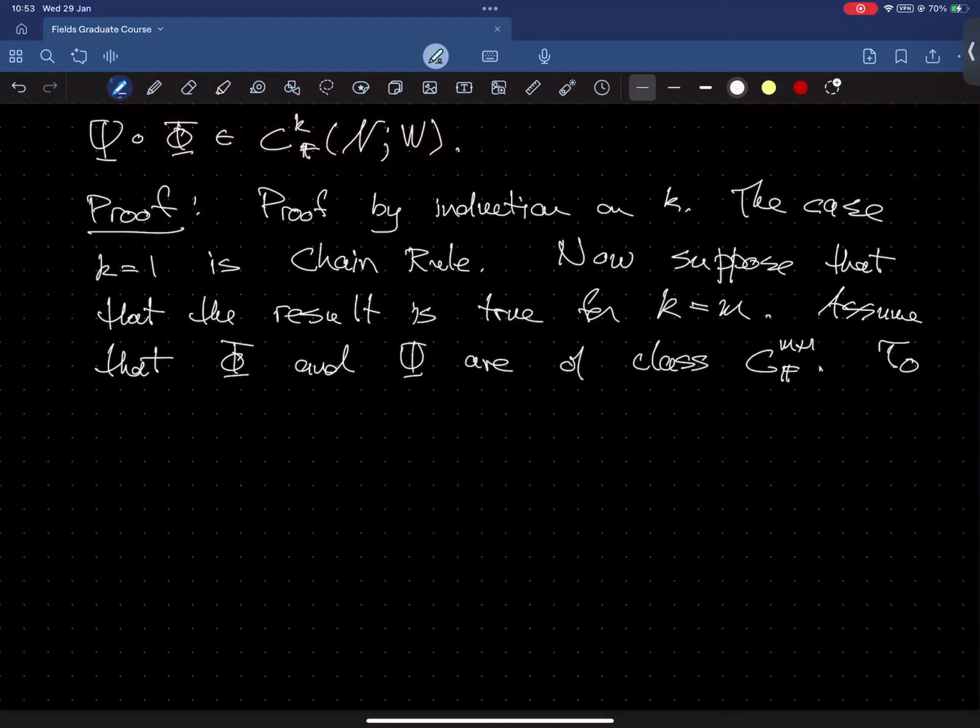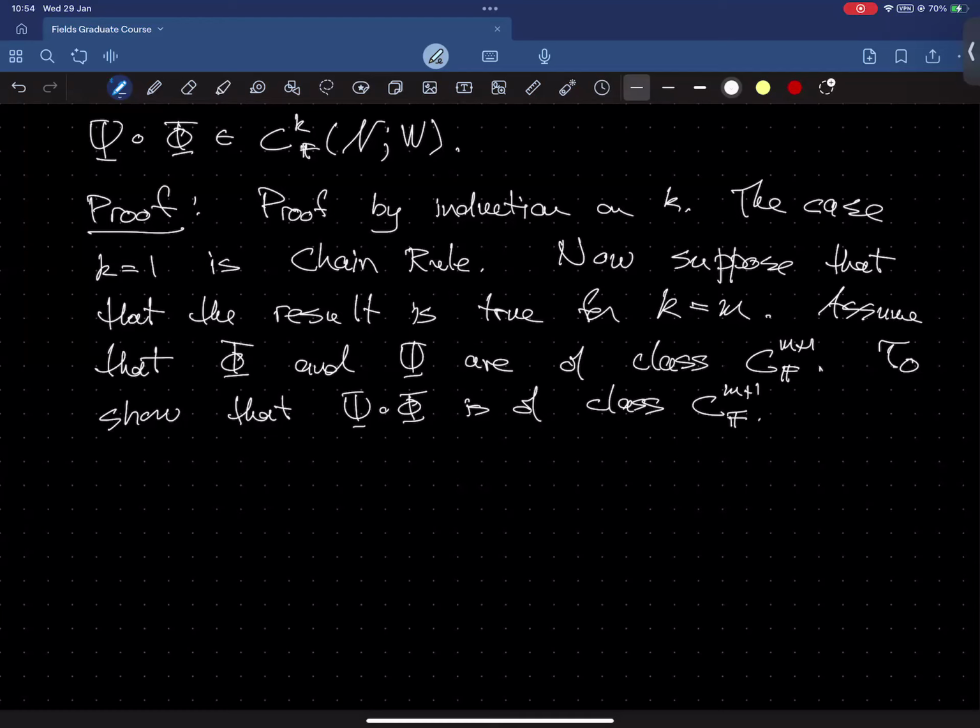So to show that psi composed with phi is of class Cm plus 1, we have to do two things. We have to show that the composition is of class C1, right? That's what the definition says.